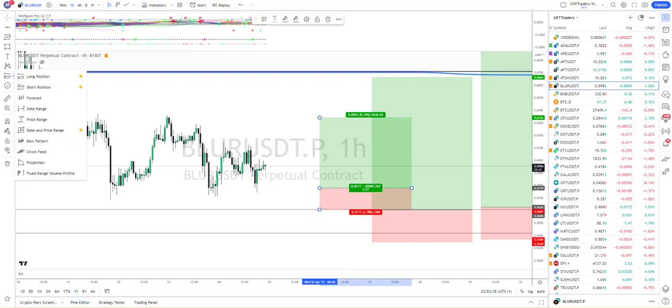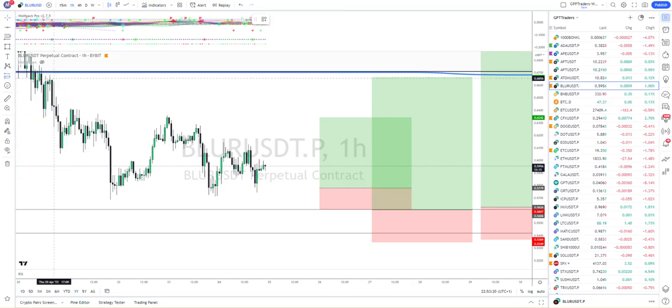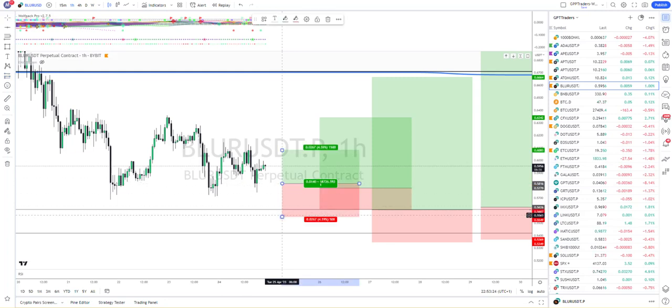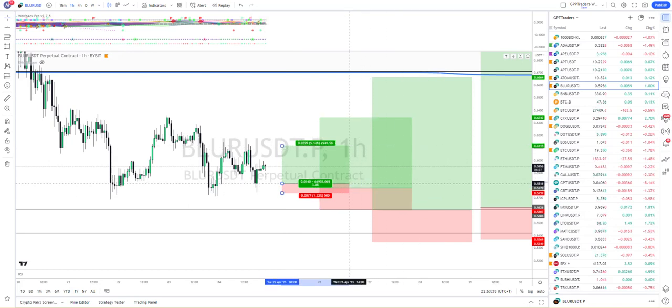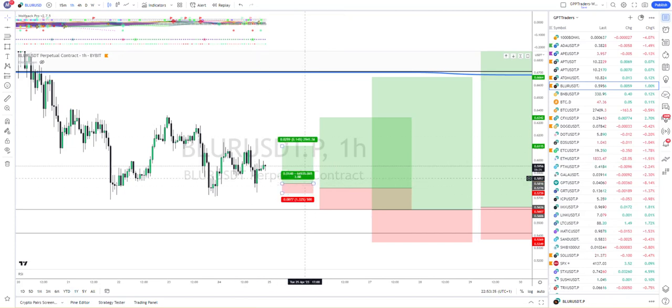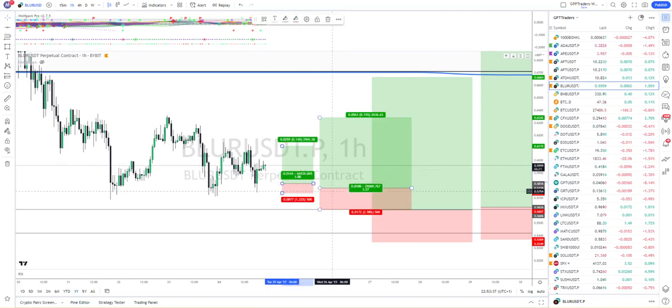Then what we're looking at is an entry I would like over here with a small risk to reward ratio and just target the local high. Again, that is a 1 to 4 risk to reward trade.